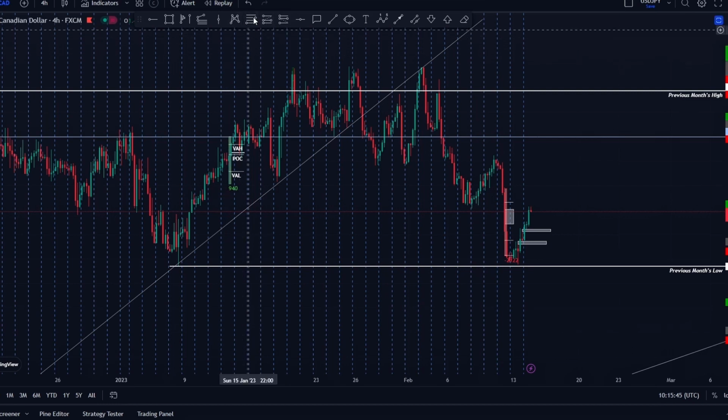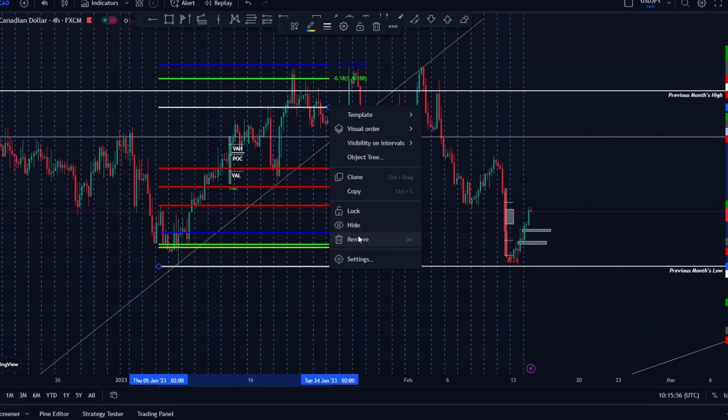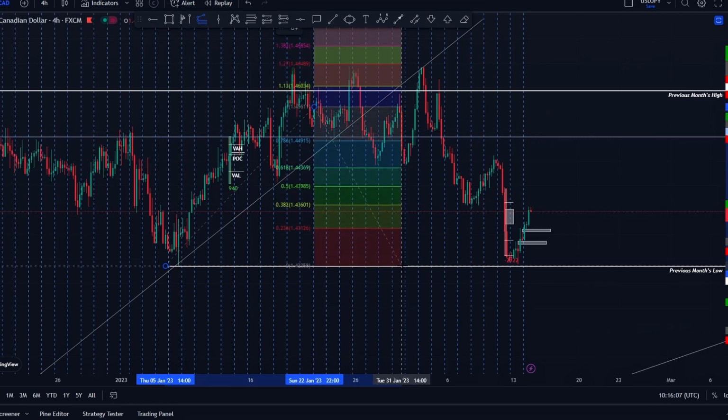So basically, I'll just do up the measurements for you. If you start from this initial push up, you can see we have the 38.2 retracement, and then we also have the extension, so X to A and back down.